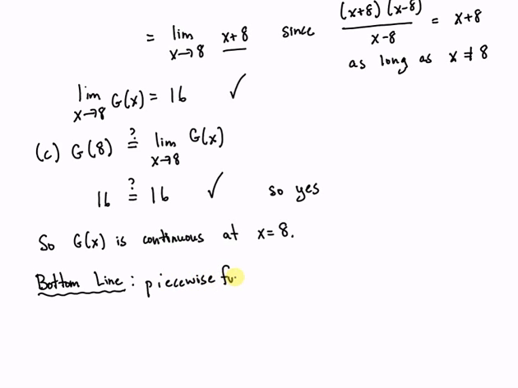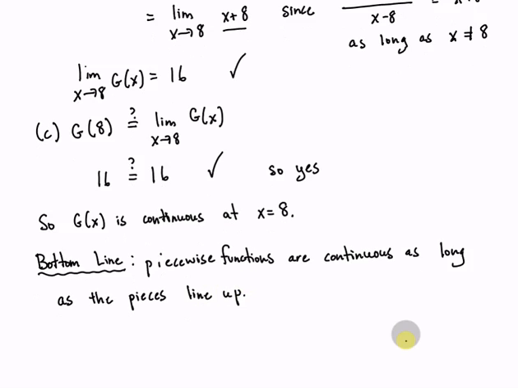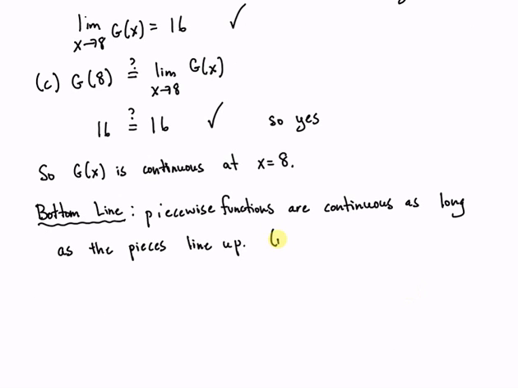Piecewise functions are continuous as long as the pieces line up. That is, if they have no holes or gaps. That's it.